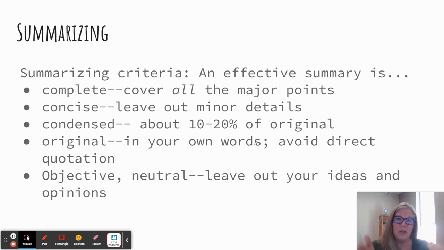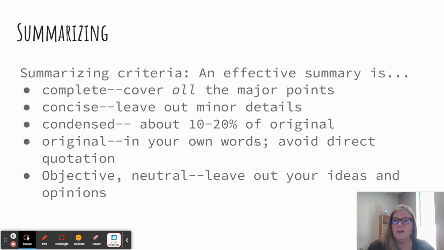Sometimes students get a little hung up on that, thinking we're all going to have the same information. Yes, you are, because you're just reporting what the author said.